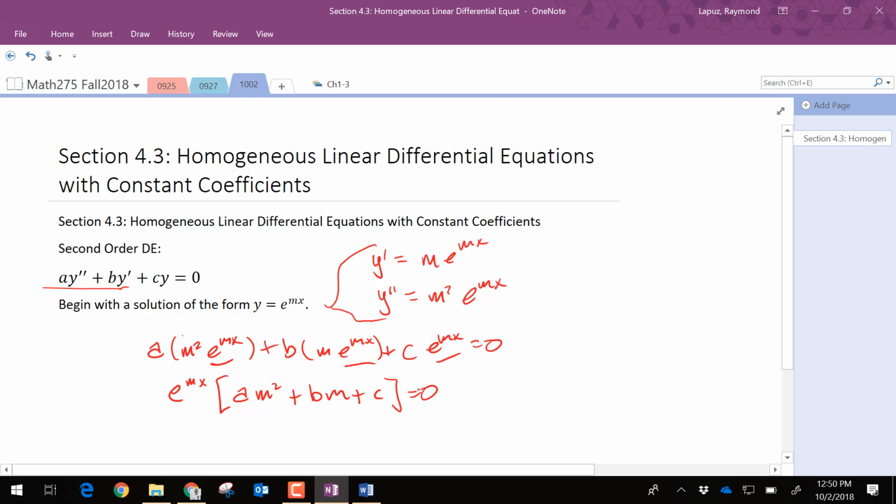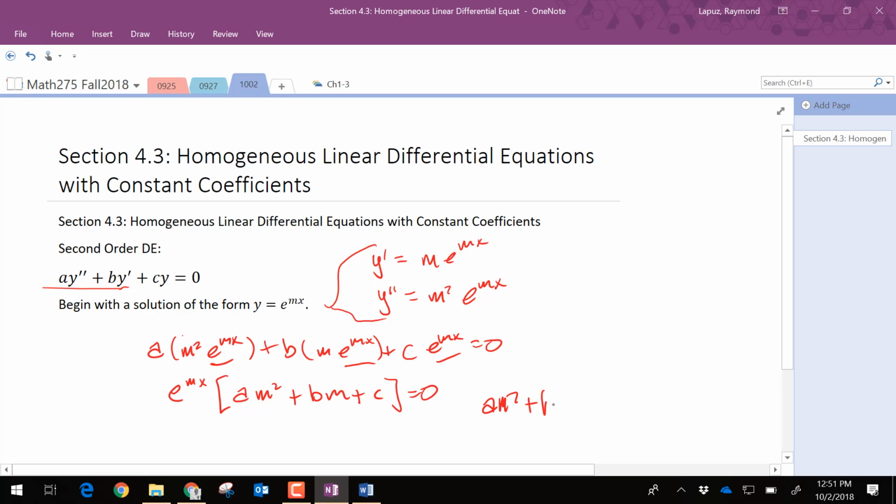We notice that we have a quadratic equation here in terms of m. e to the mx will never be equal to 0 regardless of what m is equal to. And we are interested in finding m, and so we get a quadratic equation.